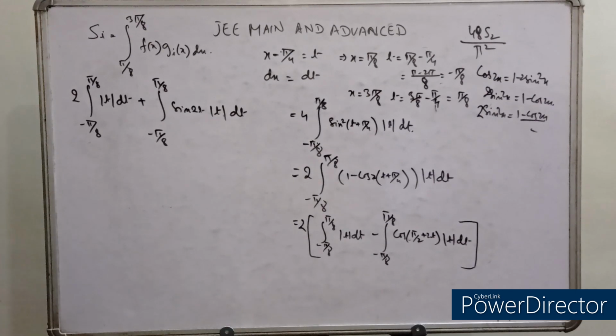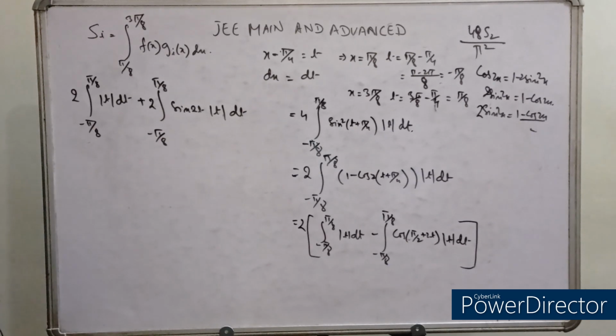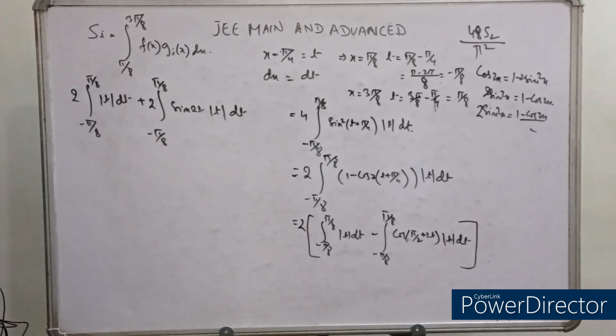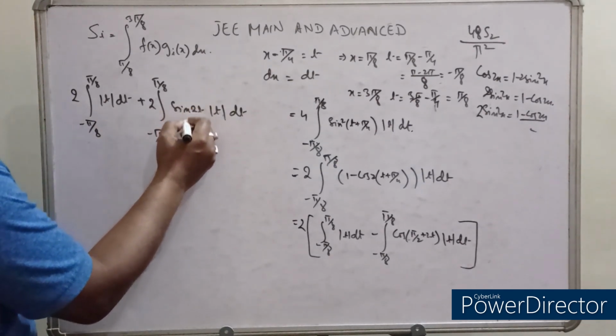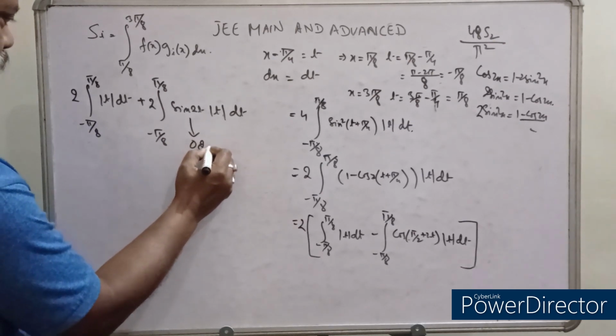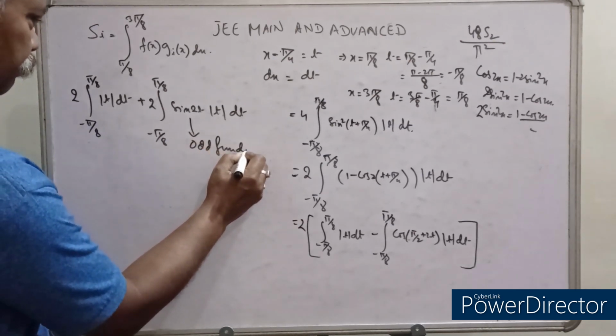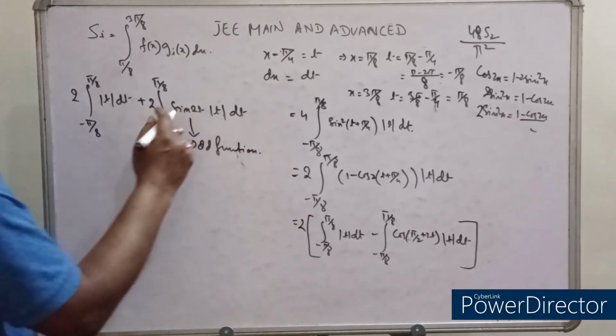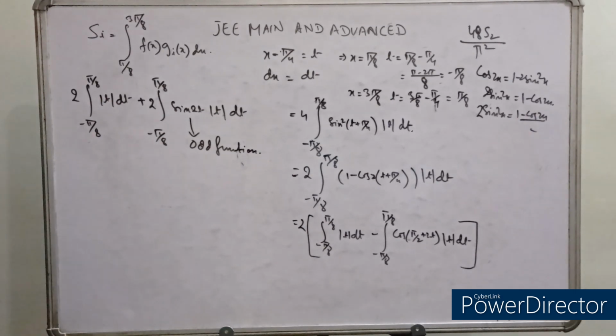So in P7 property, 2 will also be there. In P7 property, you know that when your limit is from minus a to a, there are two cases, one odd function and one even function. So this is an odd function, because sine minus t comes out to be minus sine t.